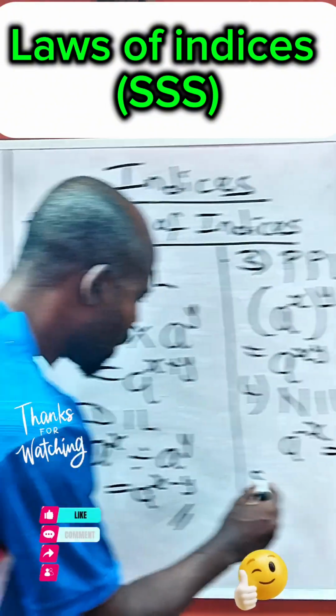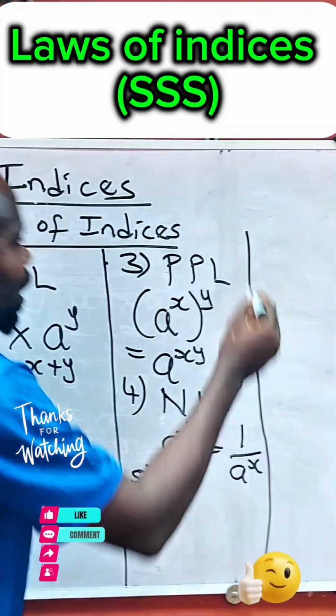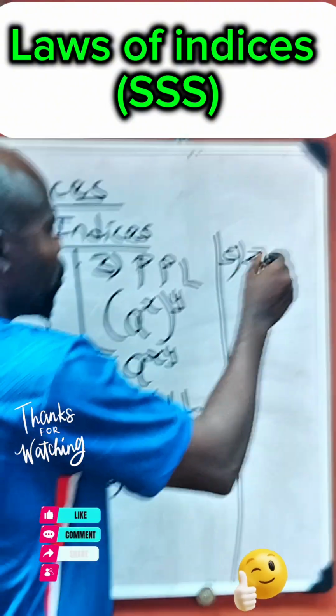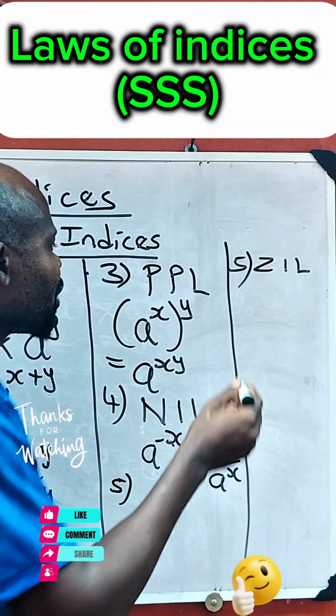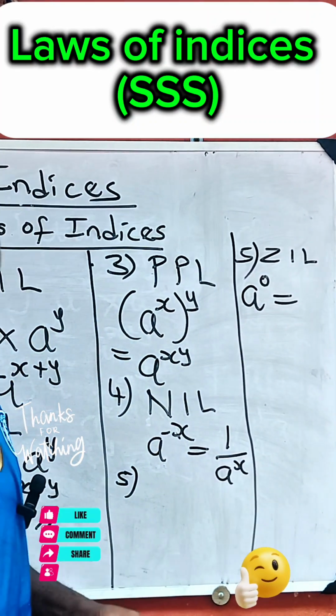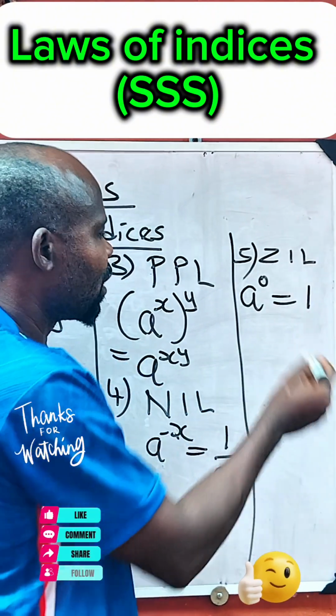The fifth law is the zero index law. In this case, let's say you have a raised to power 0. Anything at all to the power of 0 is 1. Why?